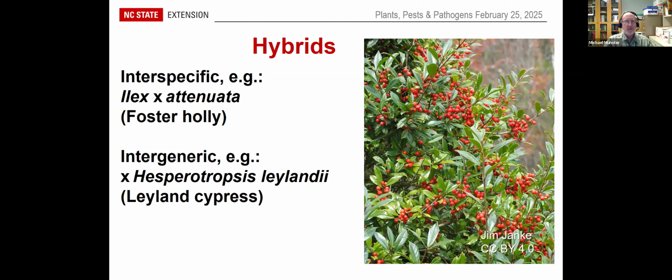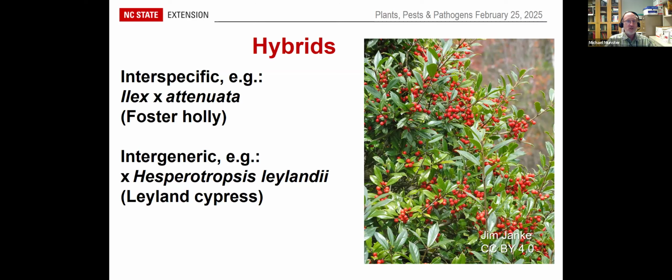So an interspecific hybrid would be one of two different species within the same genus. So our Foster holly is Ilex × attenuata, and there is that, it's actually a multiplication sign, although you can use an X if you don't have a multiplication sign. It's associated with, but not part of, the epithet in this case.